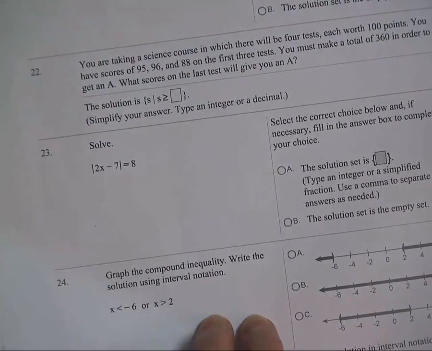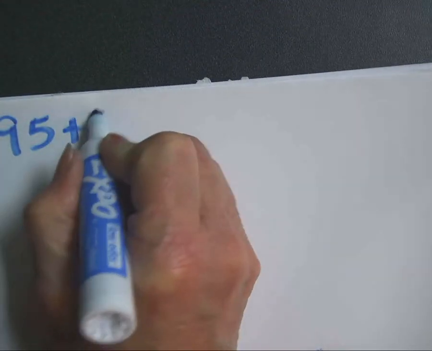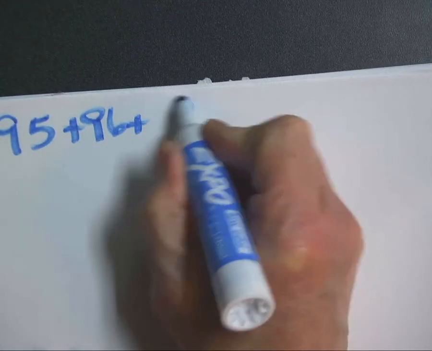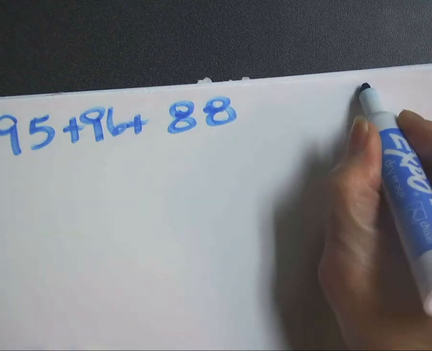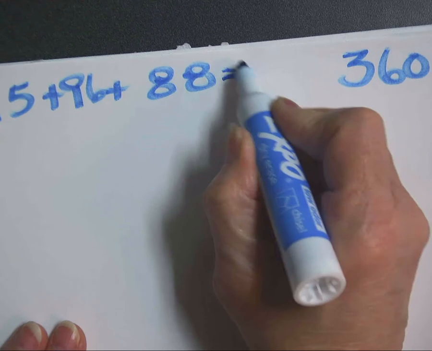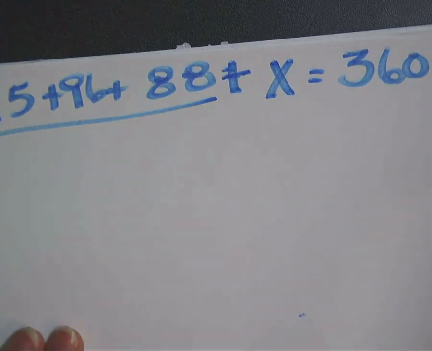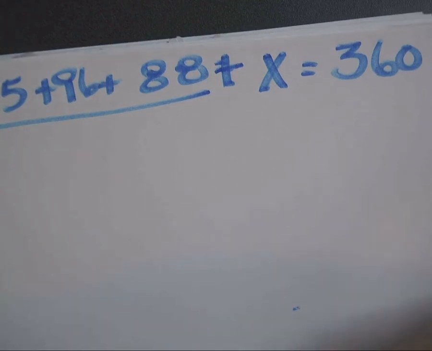You need an 81. So 95, 96, and 88 comes out to 279, minus 360 is 81. This was 279? 88 plus, let me double check. 96. 279. Yeah. 279. Okay.